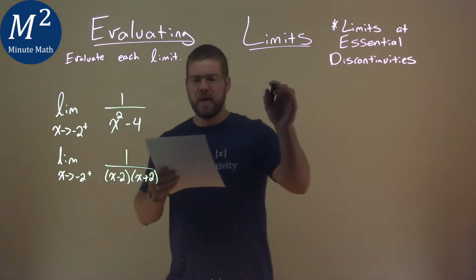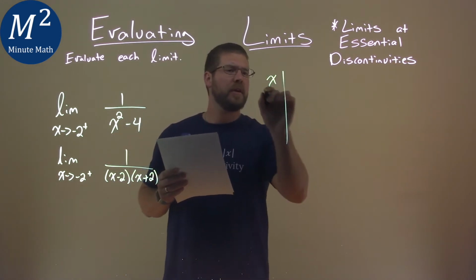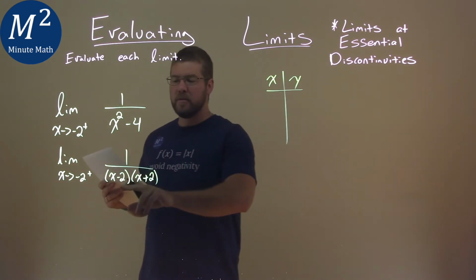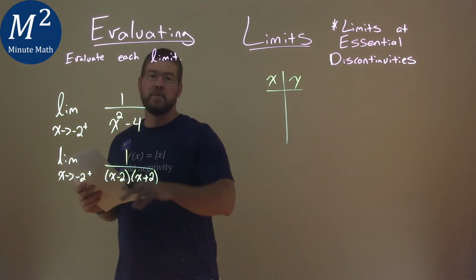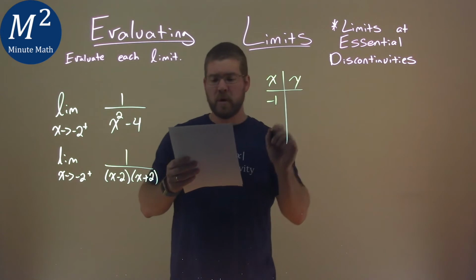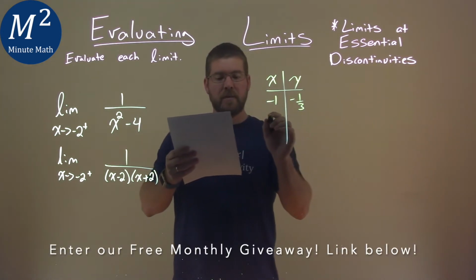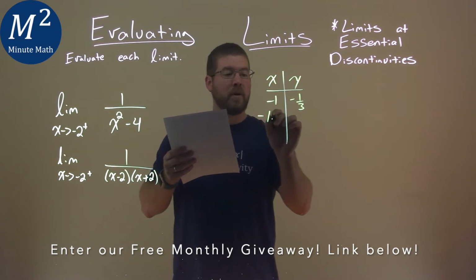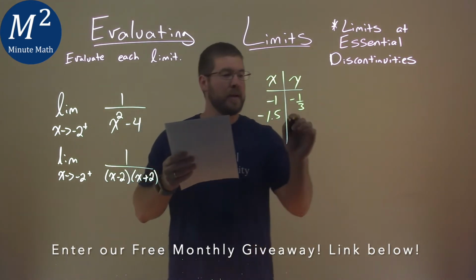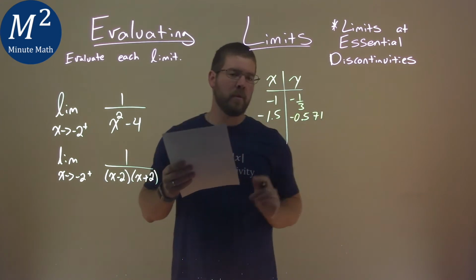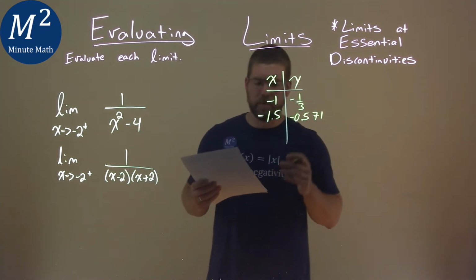Now I want to make a little table here. We have x and y, and I'm going to put in some values to see what happens as we approach -2 from the right. If -1 goes in for x, our output's -1/3. If -1.5 goes in for x, we get -0.571, and of course I broke rules of fractions and decimals, but it's okay.